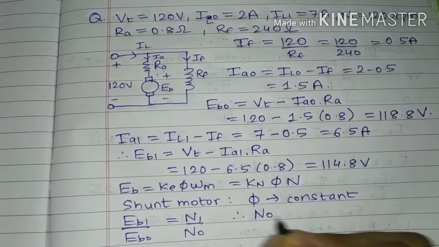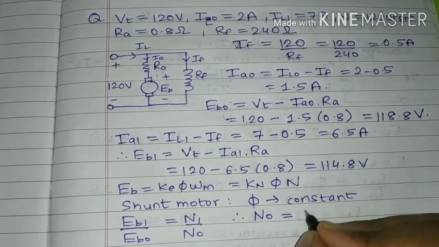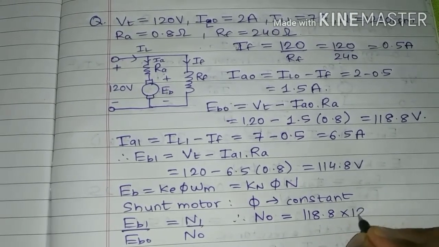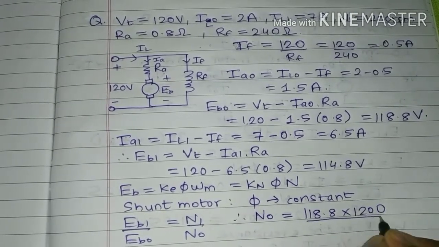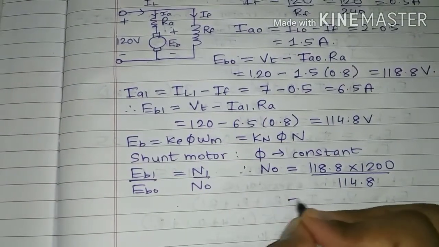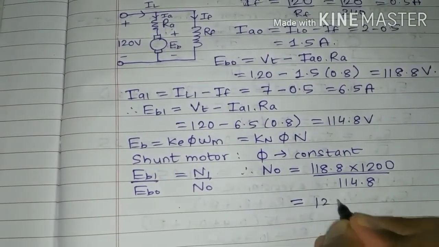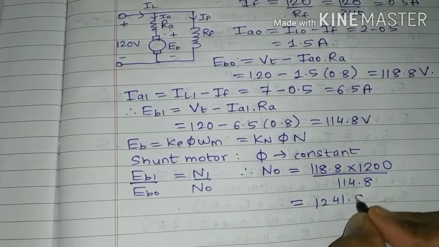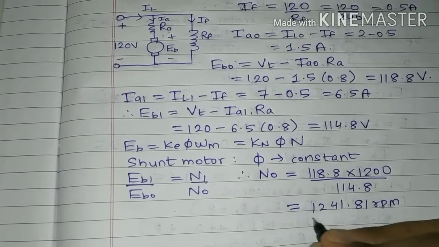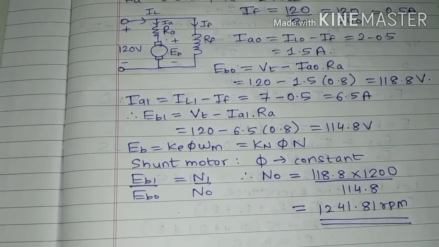Therefore N0 will be equal to 118.8 into 1200 divided by 114.8. Hence the no load speed turns out to be 1241.81 rpm. So this is the no load speed of the DC shunt motor.